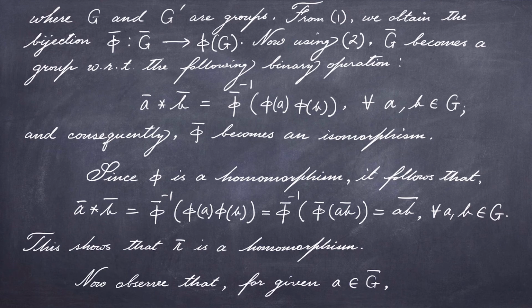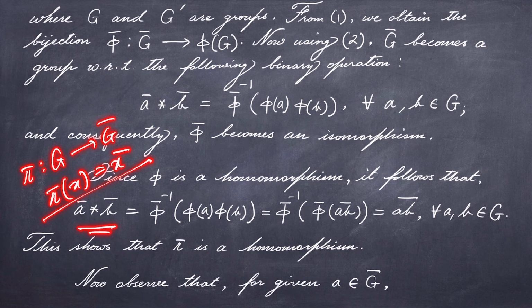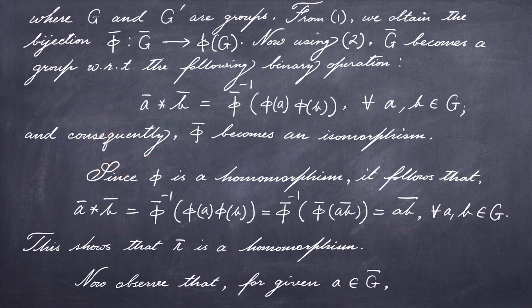What we have just obtained immediately shows that pi is a homomorphism. Let me remind you how pi is defined: pi of x is x bar, for every x. So this shows that pi is a homomorphism.